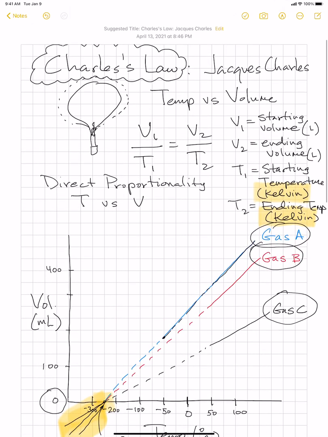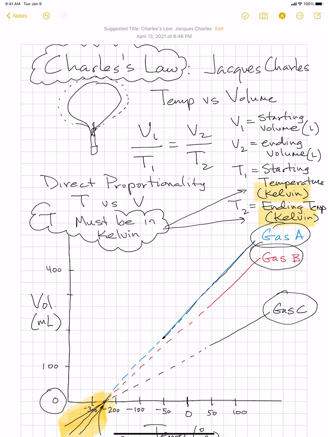The last thing is this. You must remember that temperature for these problems must be in Kelvin. I'm going to give you one last formula that you're going to need to change between Kelvin and Celsius.